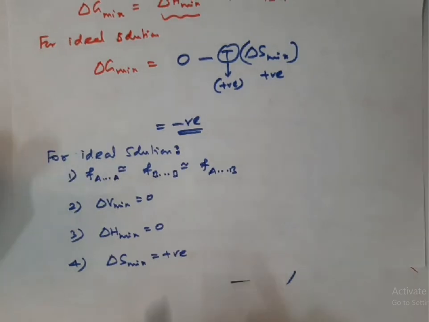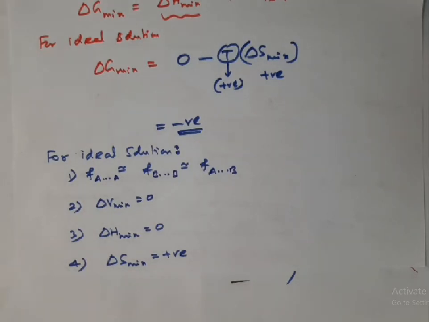Why is this positive? Because in pure liquid A, we have only AA molecules, so randomness will be somewhat less. Similarly, in pure liquid B, we have only BB molecules, so randomness will be less. But if you mix A and B, you have a mixture of A and B, so randomness increases to a larger extent.